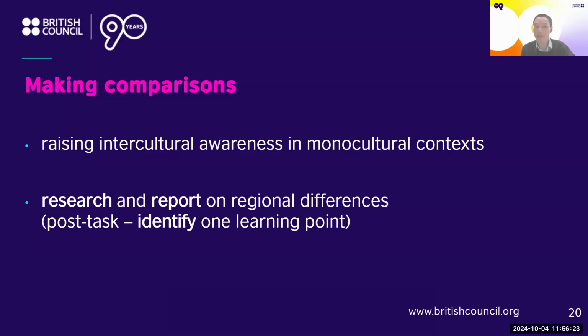And they have to look up information about any similarities and differences between those regions. In terms of the materials for this activity, students can use authoritative country guides, good quality blog articles, and videos by ordinary people living in a target country.